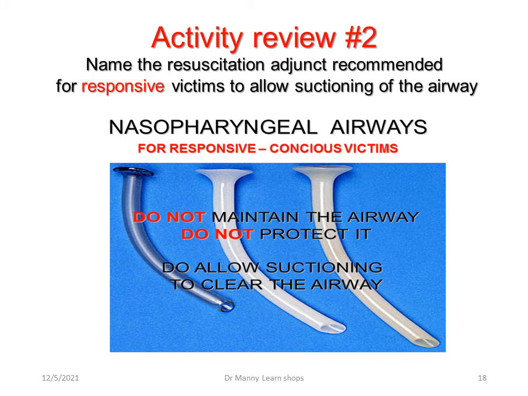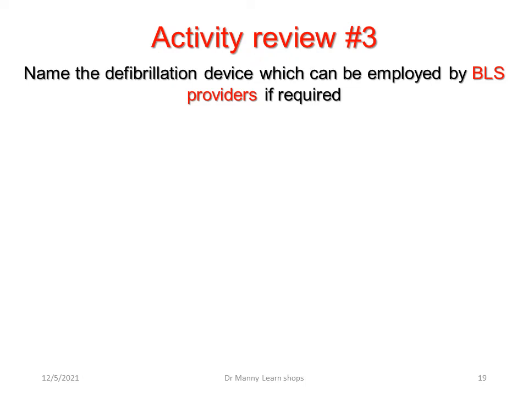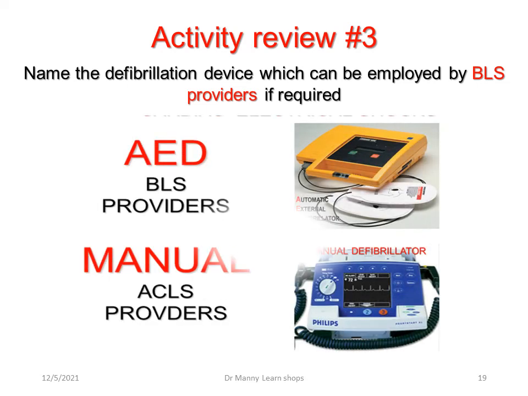Nasopharyngeal airways. Correct. Name the defibrillation device which can be employed by BLS providers if credentialed and if required. An AED is the device. Manual is only for ACLS providers.